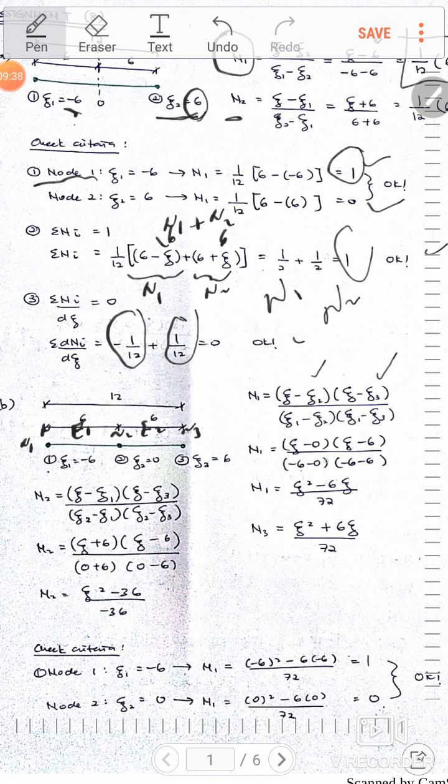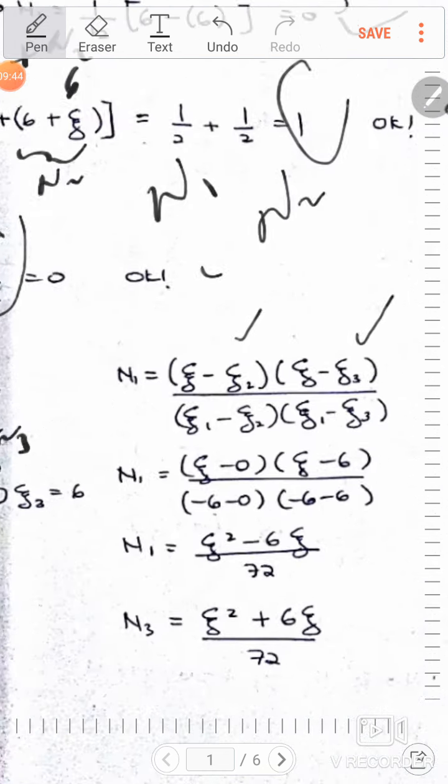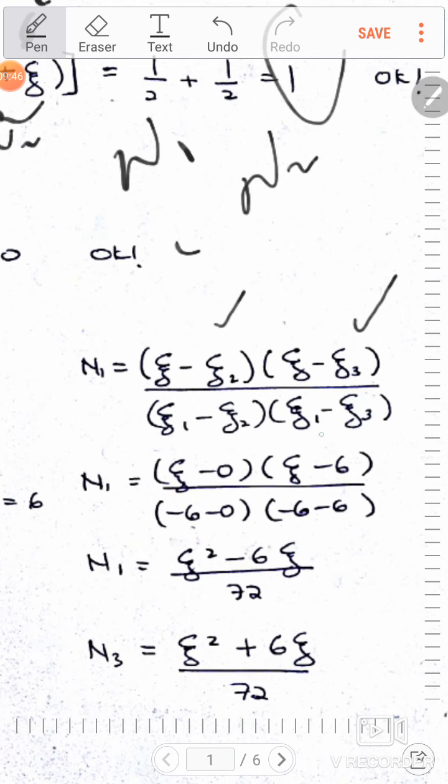I'm working on number 1, so zeta 1 minus zeta 2 times zeta 1 minus zeta 3.